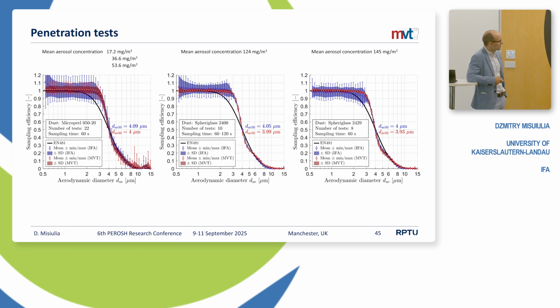All results show that the cut size is close to 4 micrometers. However, the APS from IFA showed a bit higher deviation. In this plot, the dots represent the mean penetration, the error bars show the minimum and maximum values, and the shaded area shows the ±1 standard deviation.